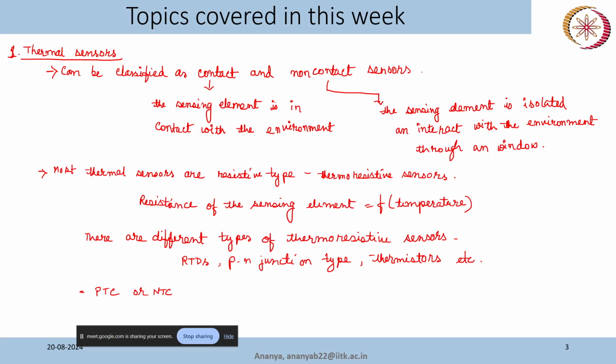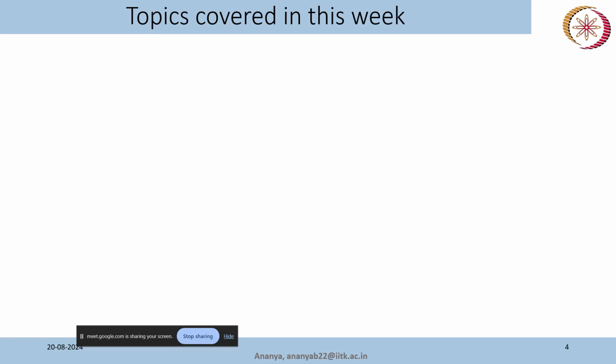So those are not suitable for high temperature applications. And what should be the sensing mechanism, and what should be the sensing element, that depends on the application that we are targeting. So this is one topic that was covered in the first week, in this week, and the next topic was chemical sensors.